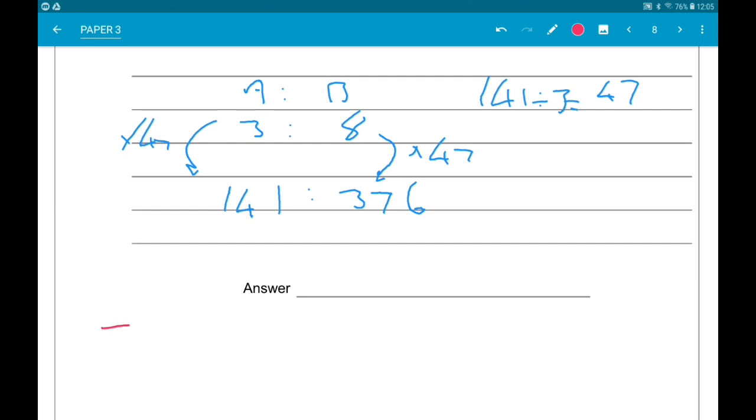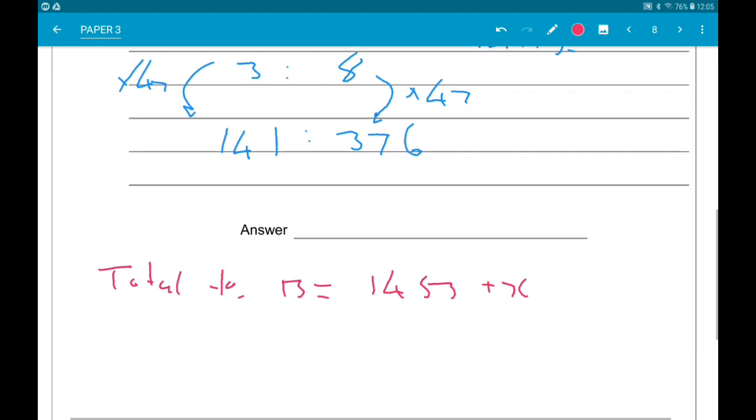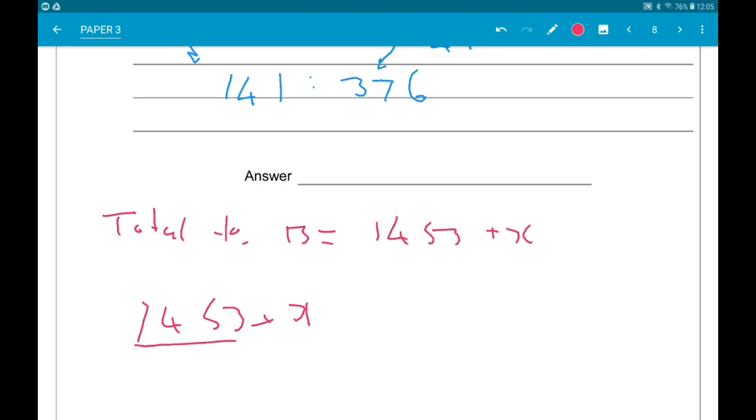So the total for B is 1,453 add x. Now we know the mean is that divided by 5, and we also know it's 376. So we can say 1453 add x divided by 5 is equal to 376.